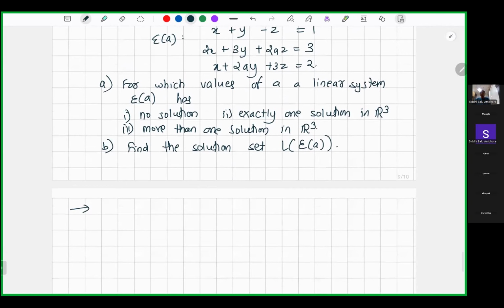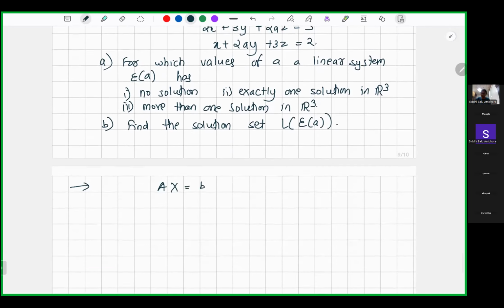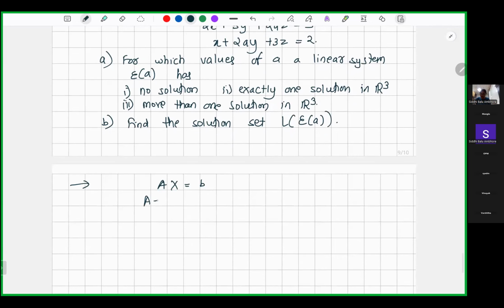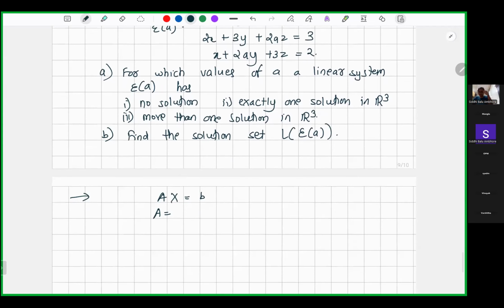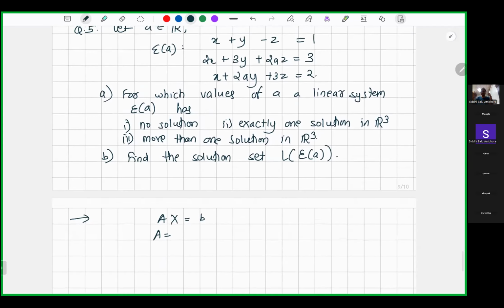So again, to find no solution or exactly one solution, we have to again find the determinant. So if I write this in this form, note that here again, in order to find exactly one solution and more than one solution in R3, it is not enough to conclude just that A is 0 and A not equal to 0 case.